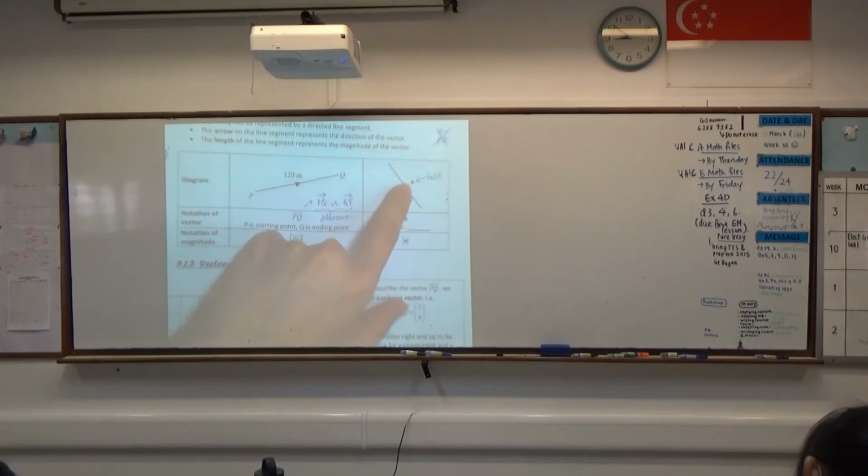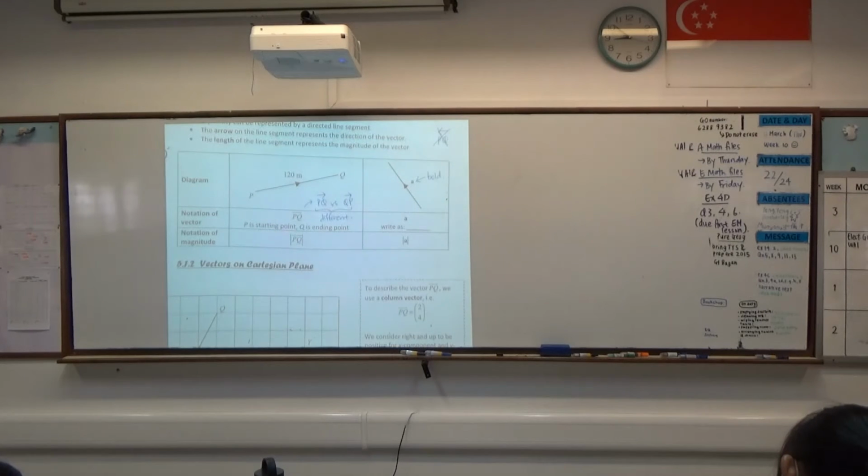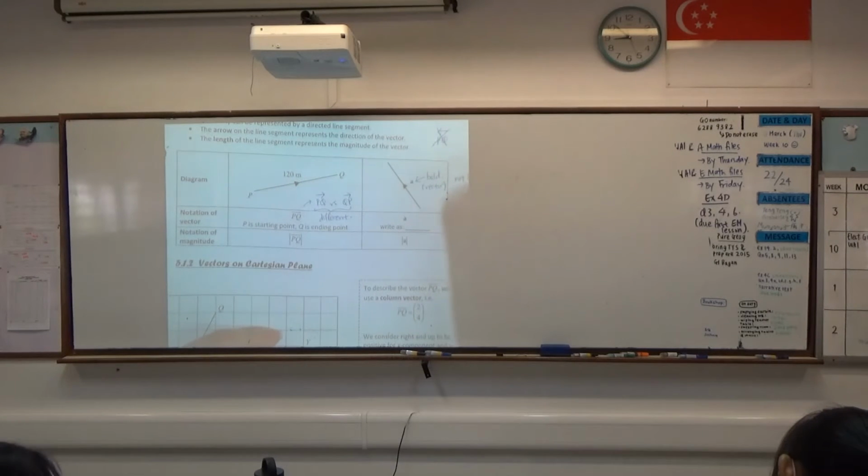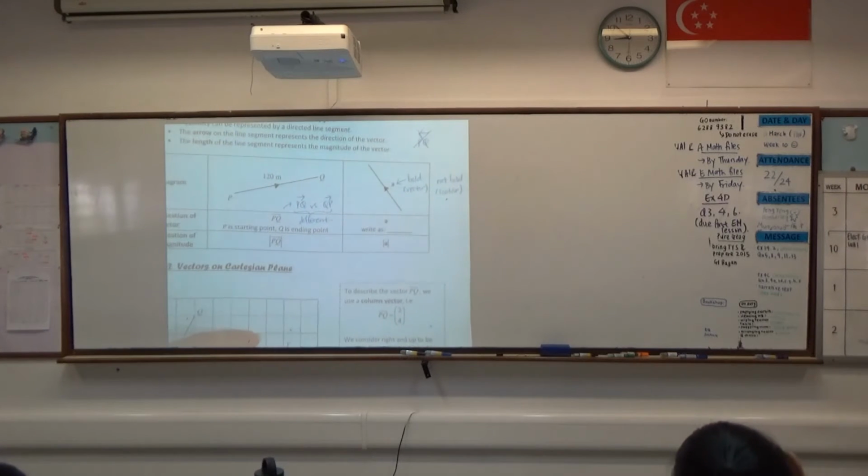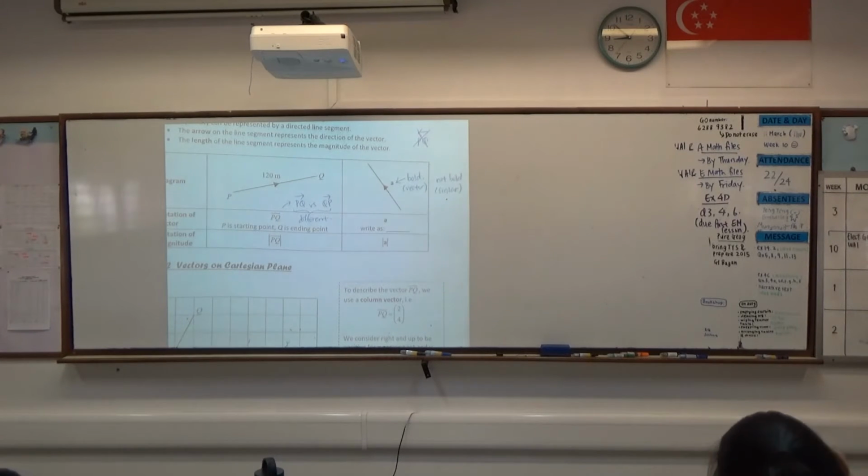When it's a bold letter A, it is actually a vector. If it is not bold, it is a scalar. Progressively as we go into more details in this chapter, you will notice what I mean by not bold and scalar.